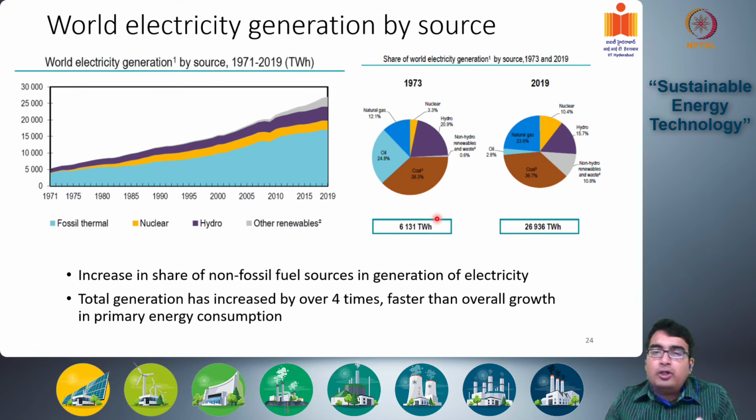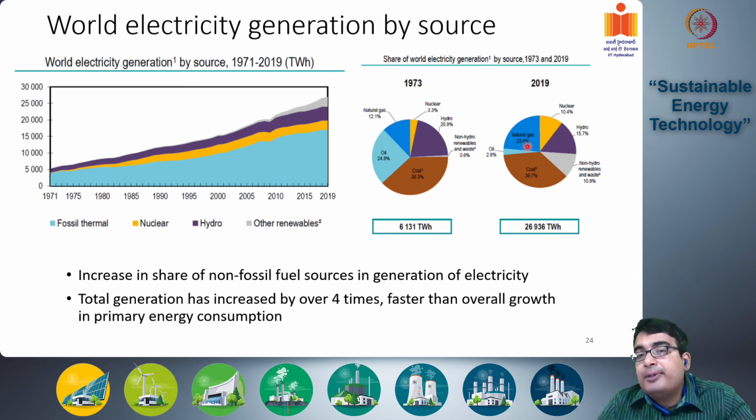Note, however, a significant shift. In 1973, 38% of the electricity came from coal, 24% came from oil, 12% came from natural gas. Today, 36% comes from coal, so coal's share has remained about the same.